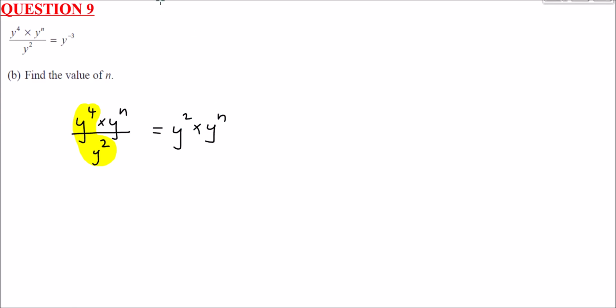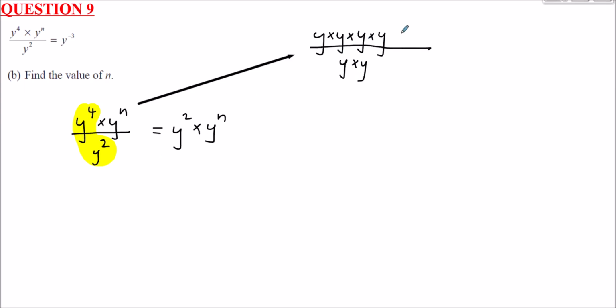In case this step confuses, I'm just going to put it over here, longer hand. So y to the power 4 just means we've got 4 y's in a line, all multiplied together. Y squared means 2 y's multiplied together, and of course for y to the power n, I'm going to leave it on its own. If you did it this way, which I'm not recommending, this is just more to see why the rules are the rules, we can cancel y's on the top and y's on the bottom.